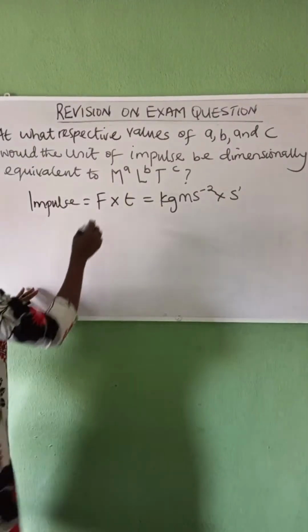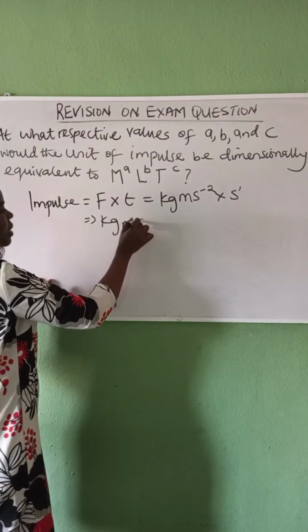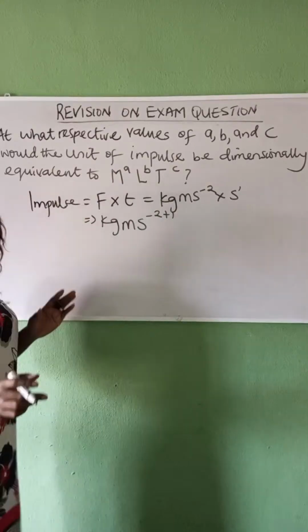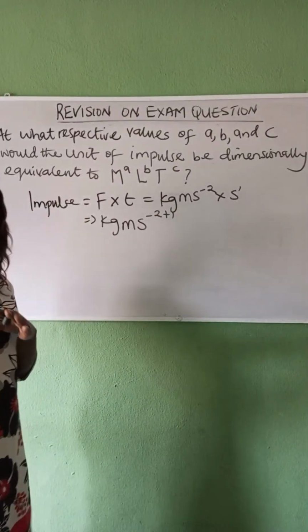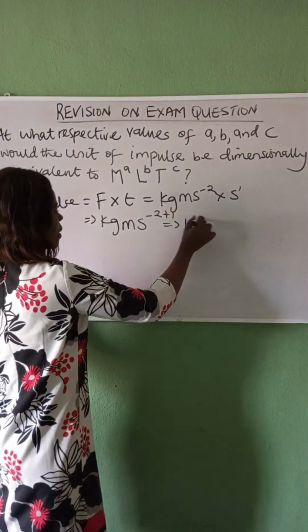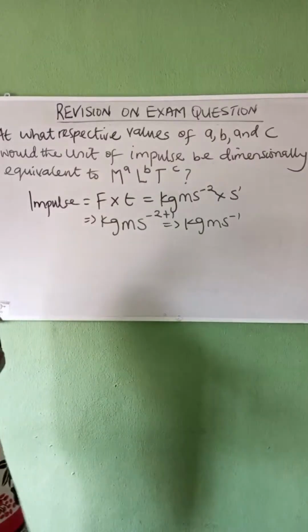Then I bring it together: kilogram meter second to the power of minus 2 plus 1. I solved it fast, so that's why I'm rushing it. So this gives rise to kilogram meters per second, right? As the unit of impulse.